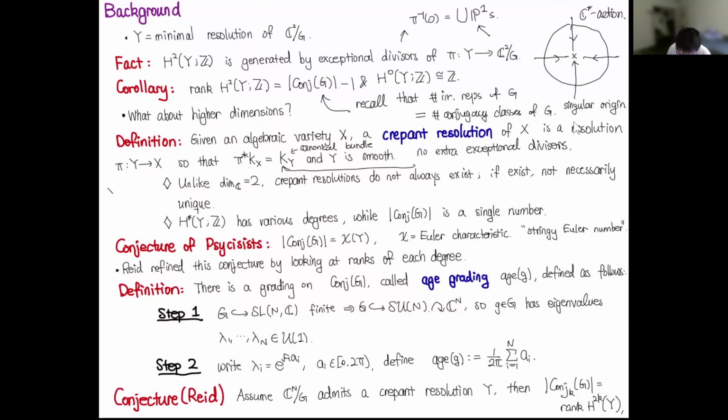Because, for instance, if X is something completely smooth, you can always blow up at a point. But then it will significantly change your topology by introducing a copy of P^(n-1), the total space of O(-1) over P^(n-1).